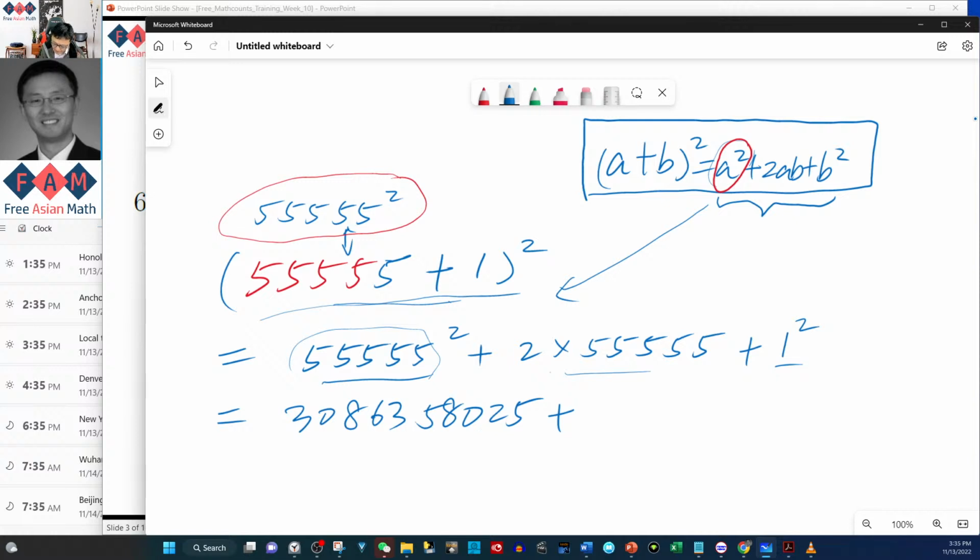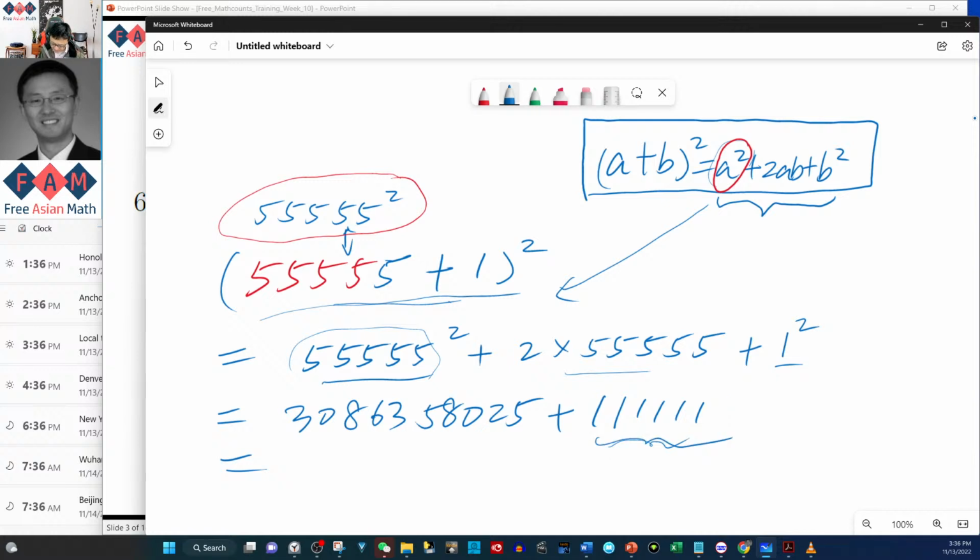2 times 55555, we know that is 111110, six digits. And 1 is just 1. Now this is super easy because you can combine the 1, replacing that with 1, so that you simply add, how many? I think I wrote one more 1.